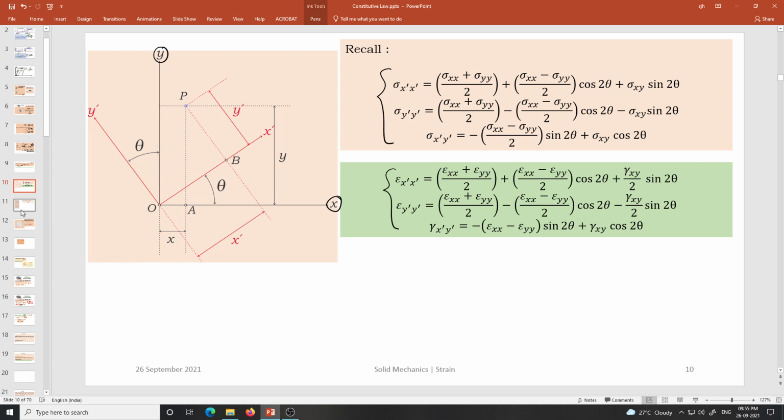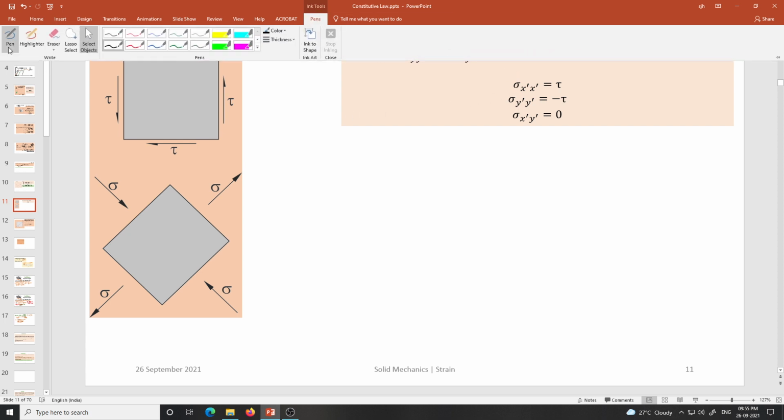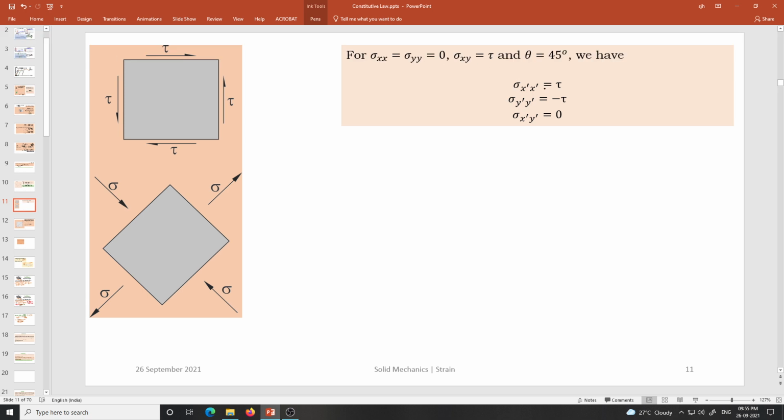Now if we set theta to 45 degrees, then we shall get the following relationship: sigma x prime equals tau, sigma y prime equals minus tau, and sigma x prime y prime equals 0. Here, with respect to xy, we have considered only the shear stresses, pure shear, and with 45-degree rotation we are getting the direct stresses. That you all know, right?